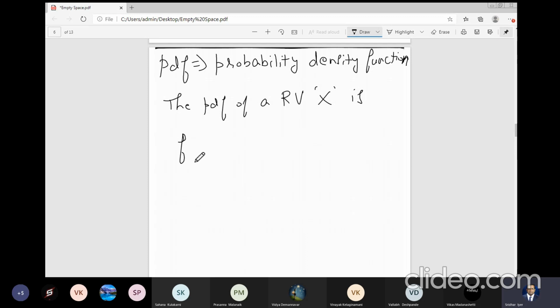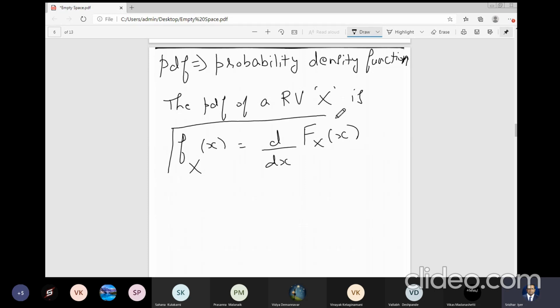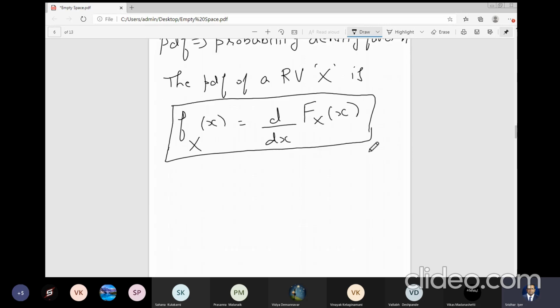So you have small f, subscript capital X, of x, and this is equal to d by dx, that is the derivative of the CDF, right? So that's what I told you in property 6 of CDF, that we'll discuss this in PDF. So that's how we are able to find the PDF value, right? So the PDF is nothing but the derivative of the CDF.